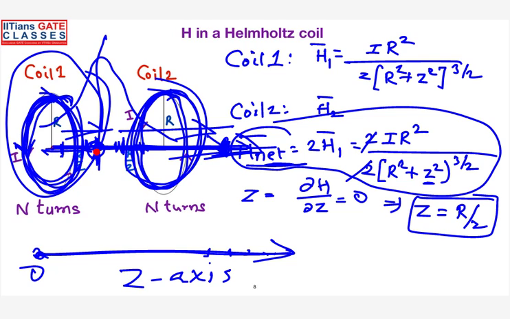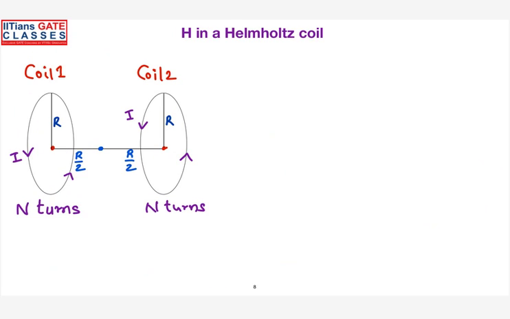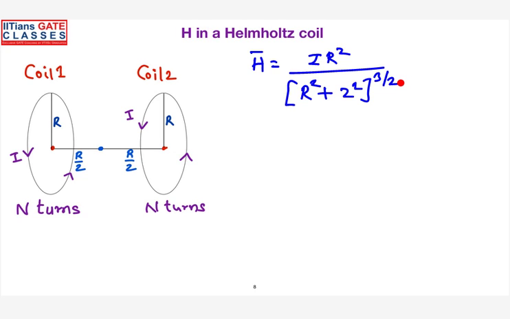So when you put Z equal to R by 2, try and tell me what is the answer you are going to get. Substitute Z equal to R by 2 here, and all of you do the calculation. So I was writing here I into R square by R square plus Z square whole power 3 by 2. And in turn, your Z value is equal to R by 2.